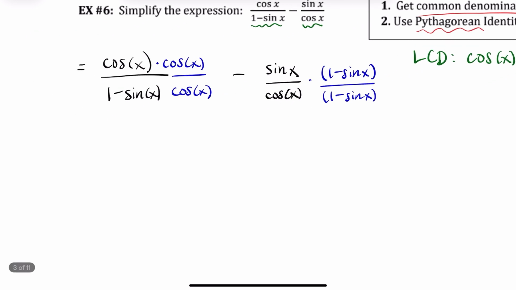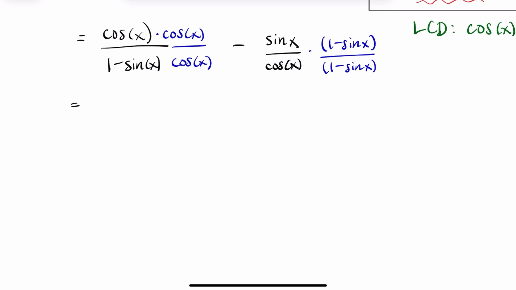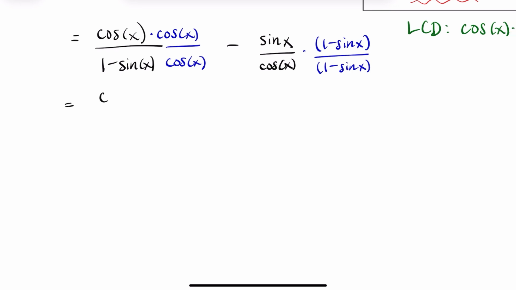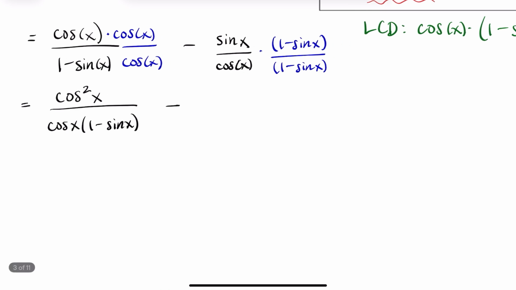All right, so now I'm going to simplify. My first fraction is going to be cosine squared x over cosine x times 1 minus sine x. And for my second fraction, I'm going to take my sine and distribute it. So I'm going to get sine x minus sine squared x over the LCD.